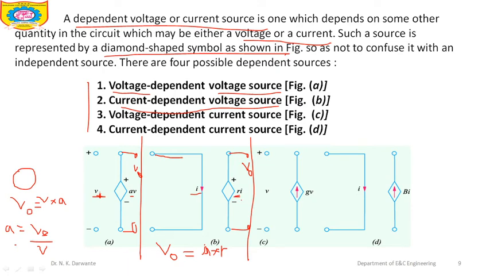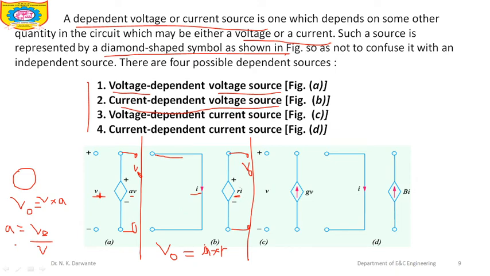As there is the voltage gain, here this small r is known as the transfer resistance, meaning how much is the ability of this voltage source to transfer the current into the voltage. That is known as the transfer resistance.